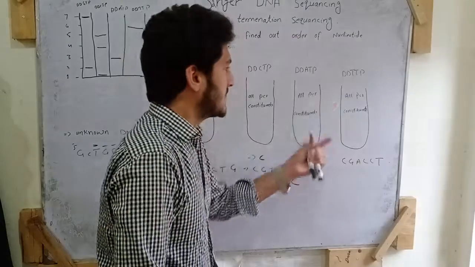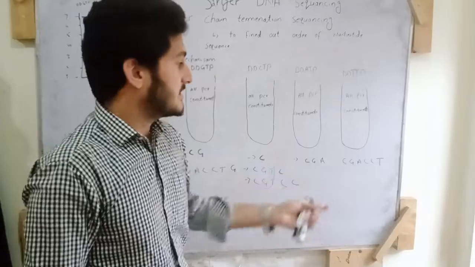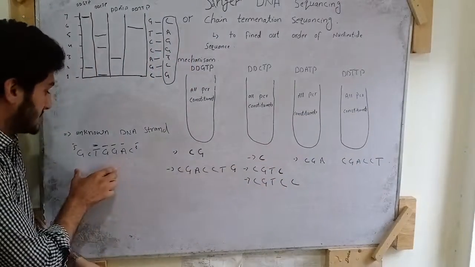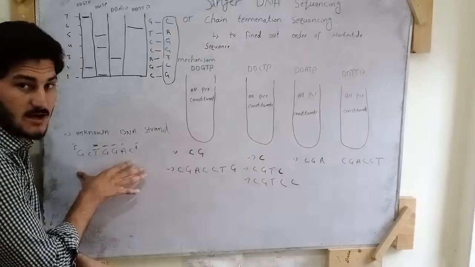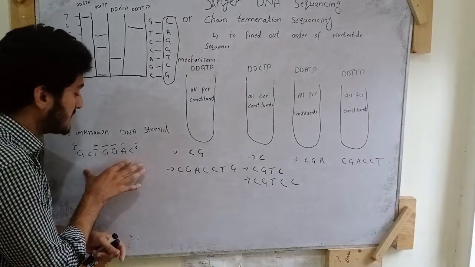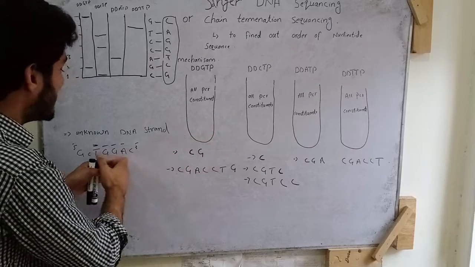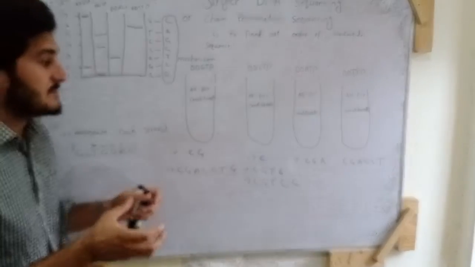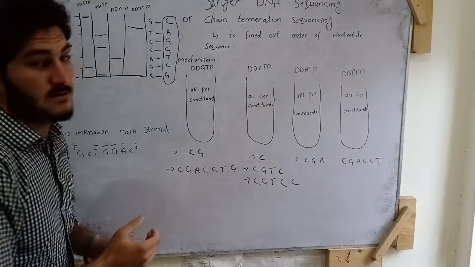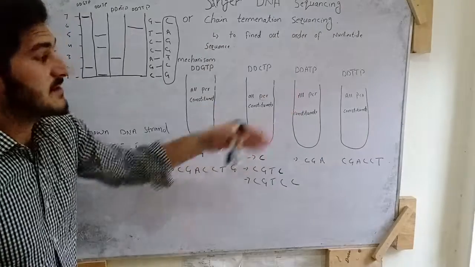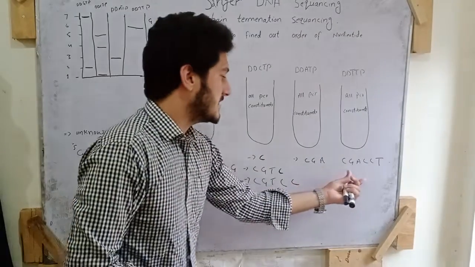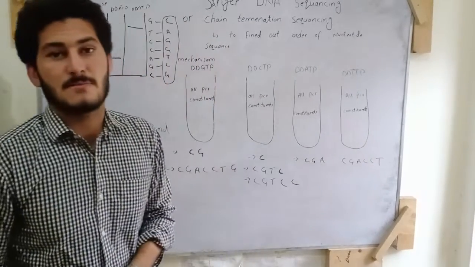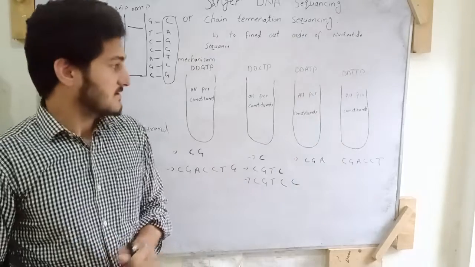Now in the last tube, ddTTP and all the PCR constituents are present. When the amplification of this strand occurs and the A nucleotide comes, the DNA polymerase enzyme adds the abnormal DNA nucleotide, and the termination occurs because they add the dideoxy triphosphate.